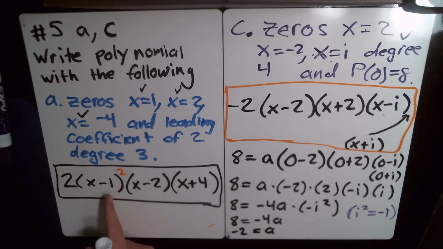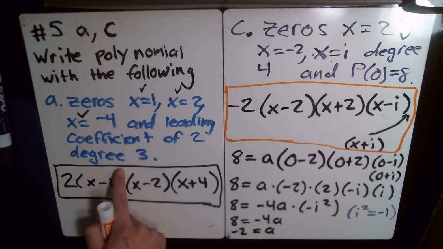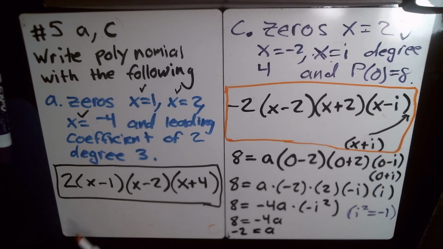So multiplicity is how many times the root is repeated, or how many times that factor is repeated in the factorization of the polynomial. So hopefully that covers all your bases there. Good little review of writing polynomials with specific roots.